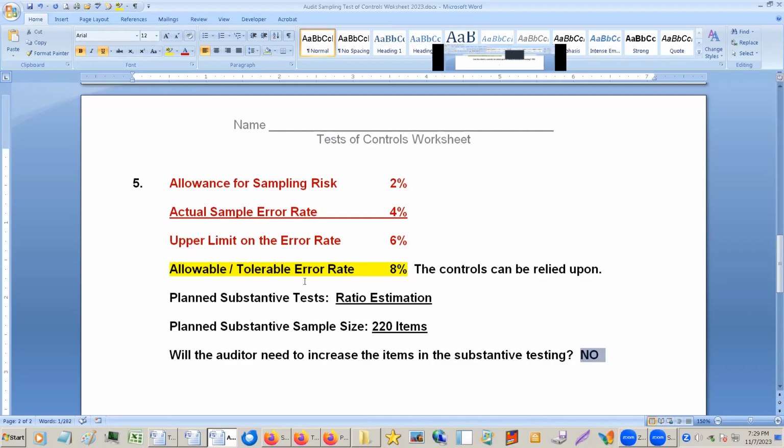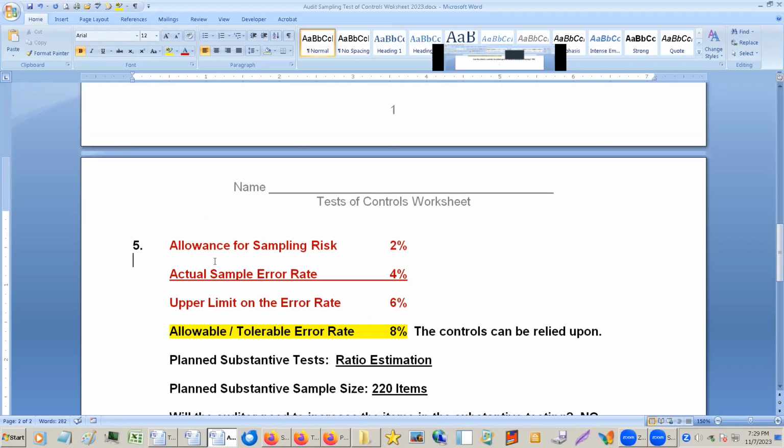And notice, if the planned substantive test is 220, that was based on these tested controls. The plan must have had the tested controls built into it, right? So if we can rely on the controls, then we'll do 220 items. Now, it could be that they didn't plan on using the internal controls. In that case, we wouldn't have anything to talk about right now, because you could just do a pure substantive testing.